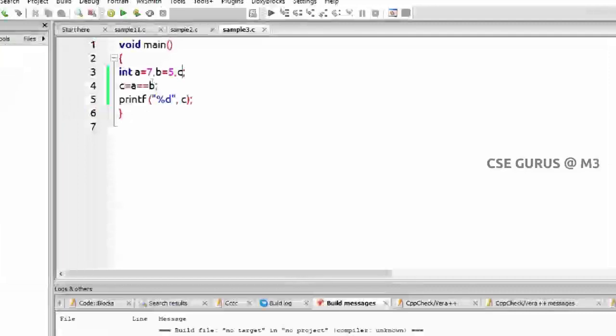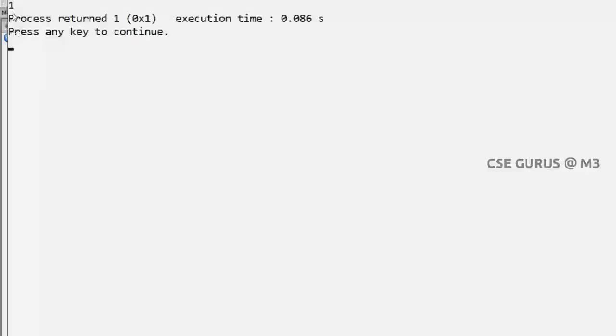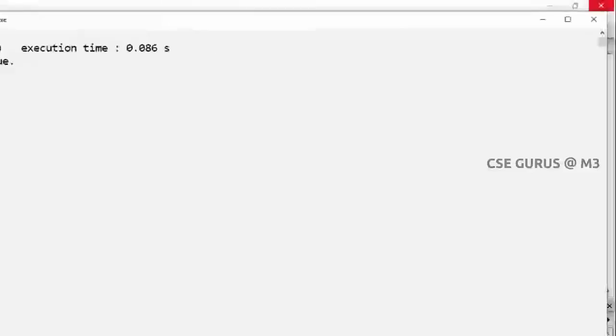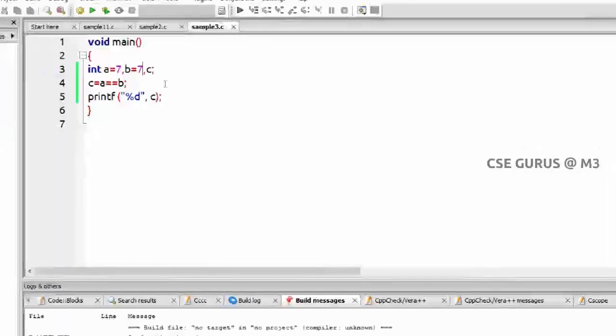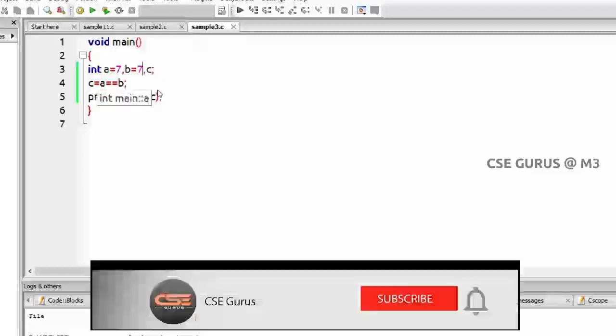Now let me take both the values the same. Now C value will become 1, right? You can see here the output. So if both the values are same, the comparison value will be 1, and that will be assigned to C. So like this we can consider.